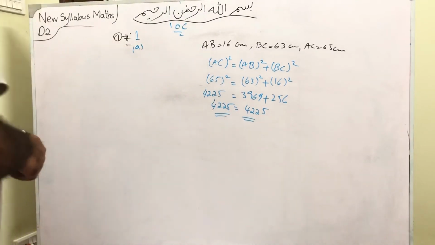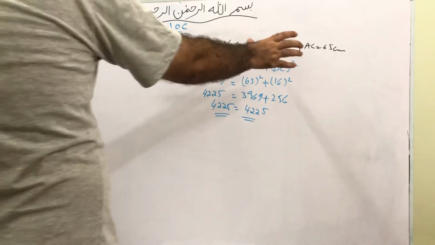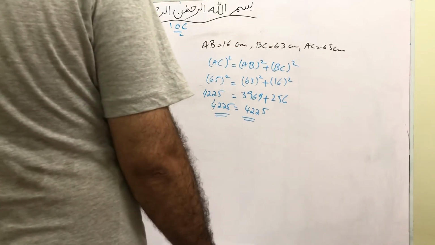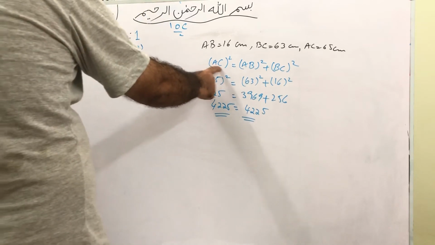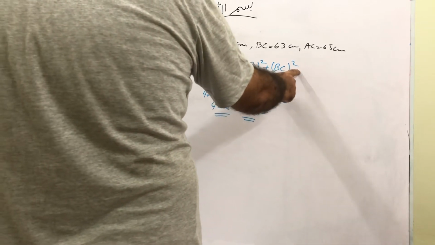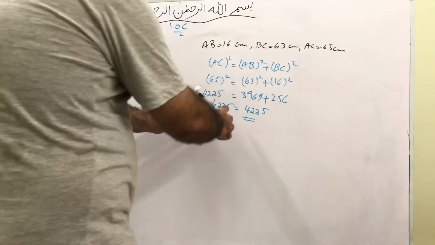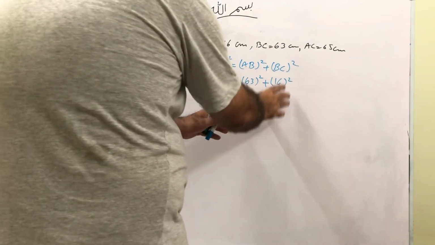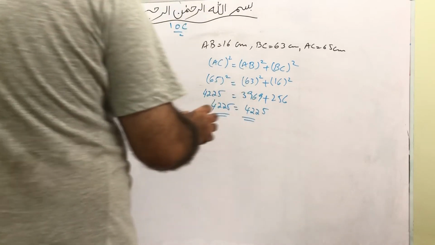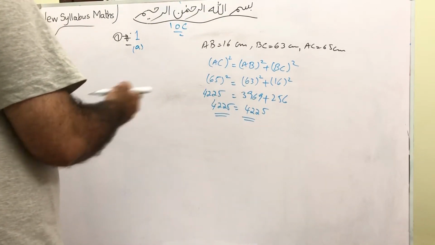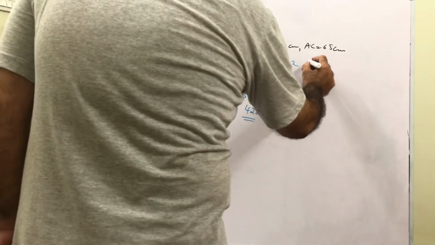So it means when we apply Pythagoras theorem to the given sides, AC square is equal to AB square plus BC square, and when we put the values, the left hand side is equal to the right hand side, so it means it is a right angled triangle.